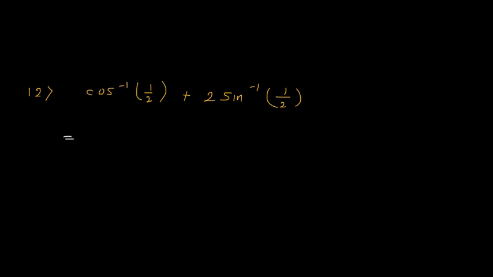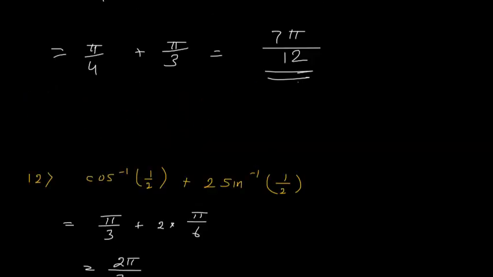The value of cos inverse half is pi divided by 3, cos 60 degrees being half, plus 2 times sin inverse half, sin 30 degrees being half, so 2 times pi divided by 6. So this is pi by 3 plus pi by 3, which is 2 pi by 3. This is the 12th question.